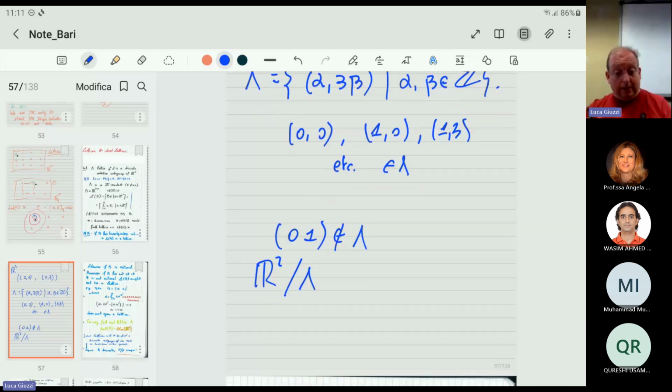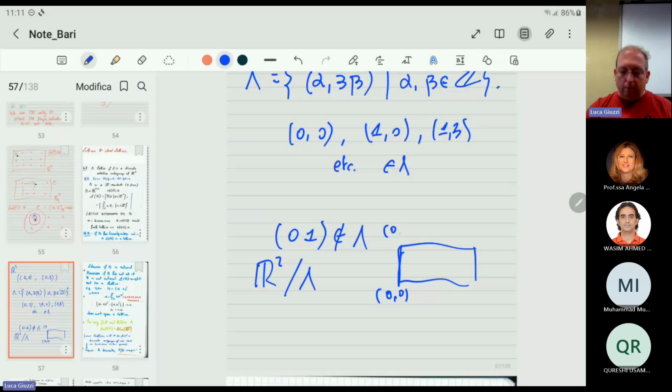We will not consider them. Another thing which is nice to see is that if you quotient out this lattice of R^2, you basically end up with a torus, what is called a flat torus. Here there is (0, 0), here (0, 3), here (1, 0), here (1, 3).